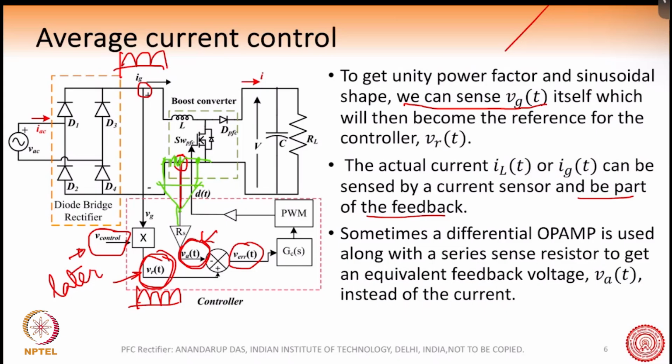Okay, a differential op amp. So sometimes a differential op amp is used along with a series sense resistor to get an equivalent feedback voltage. When the current flows through this small series sense resistor, a corresponding voltage is produced, and that voltage is proportional to the current flowing. So that can be part of this feedback system instead of the current sensor. That is also used.